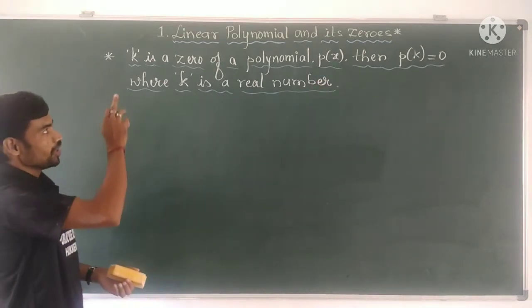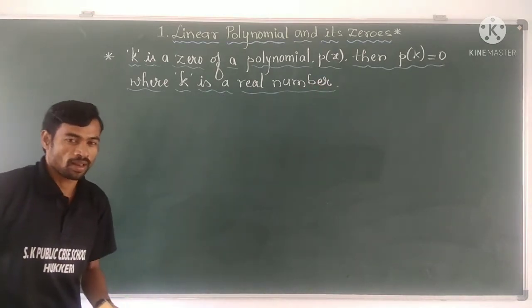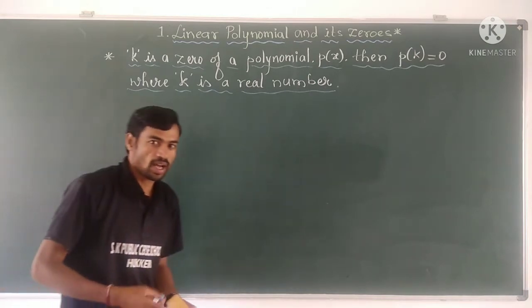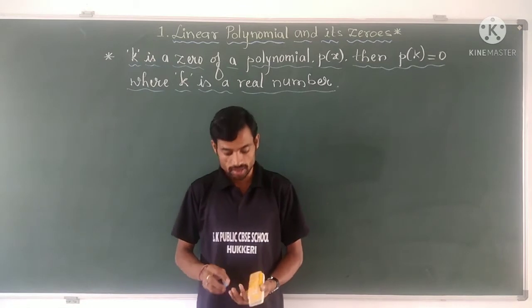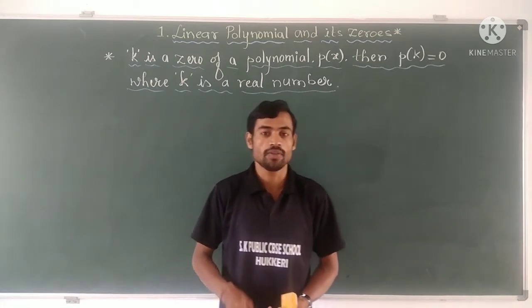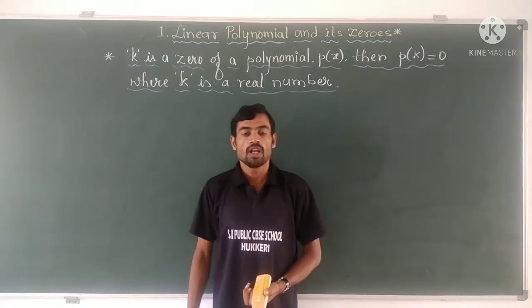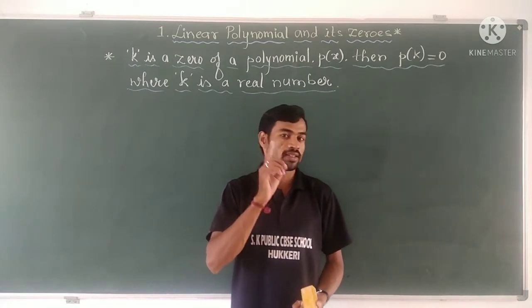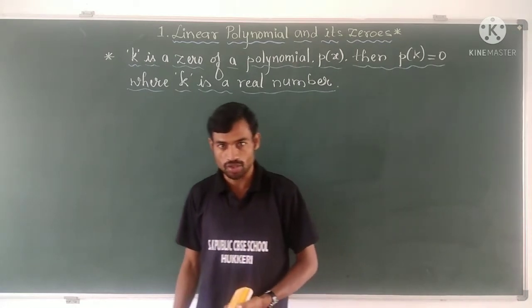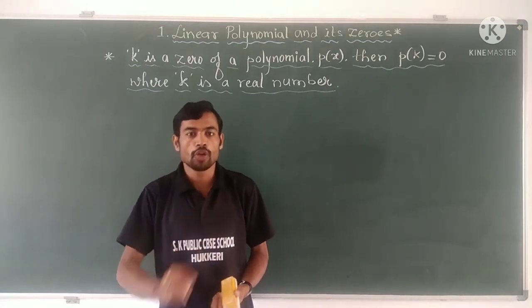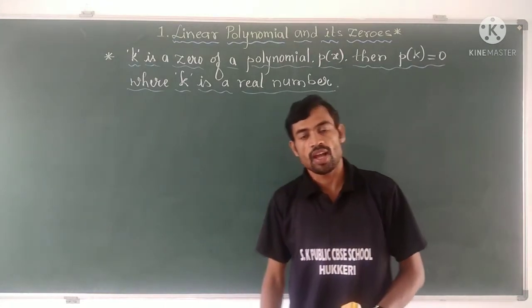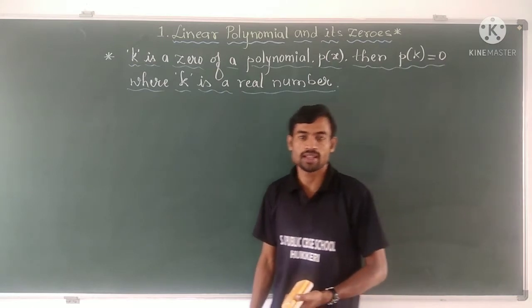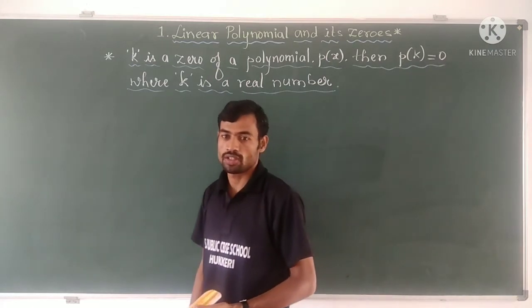Now, what is a linear polynomial? As we discussed already in class 9th standard, a linear polynomial has at most 1 zero. A quadratic polynomial has at most 2 zeros. And a cubic polynomial has at most 3 zeros.